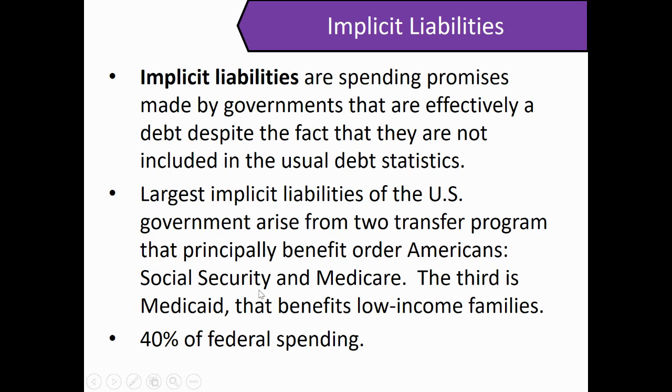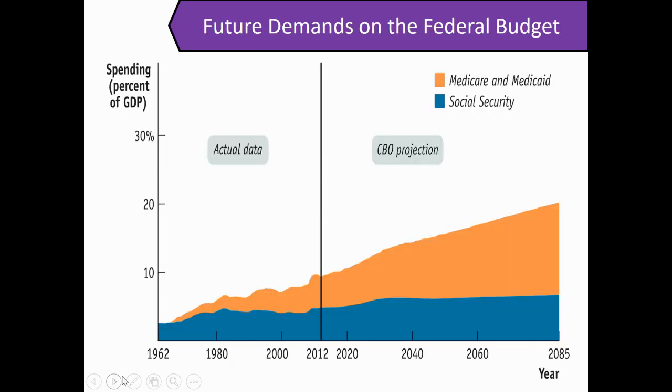So things like Social Security, Medicare, Medicaid, benefits for low-income families. The unfortunate thing is, because people are living longer, these liabilities are getting bigger and bigger over time, and you can see the projections.